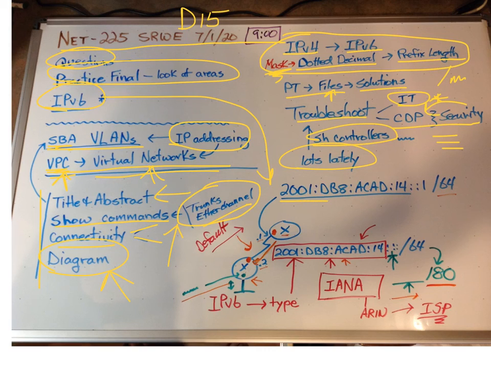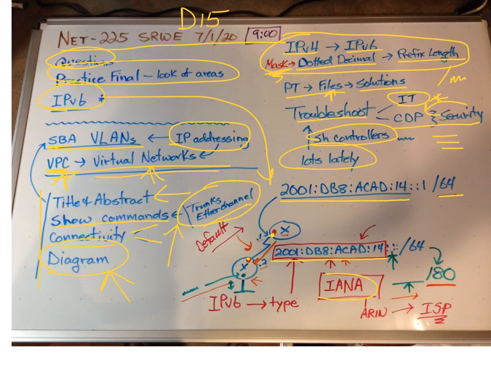Then we took a look at one of the addresses that we use to create connectivity between two points on our routers. And then we said, this part of the address, where does that come from?